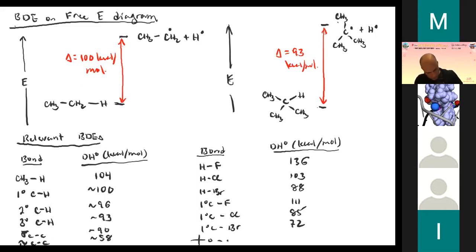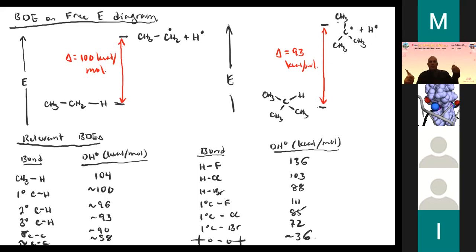Okay. And just as a reminder, di-tert-butyl peroxide is approximately 36. It's a very weak bond. So if I know bond enthalpies, I can calculate the overall change in enthalpy of a reaction. This is valuable to a point, and I'll explain the point in a second. It's valuable in the sense that it can tell me if the overall reaction is favorable.